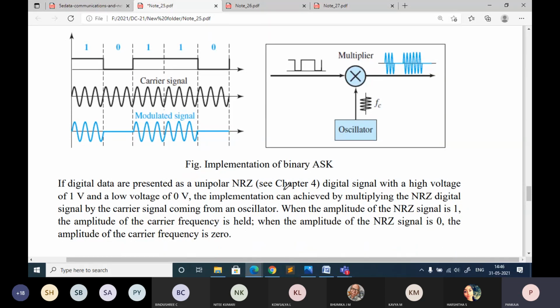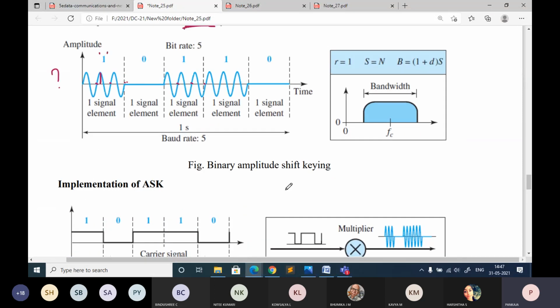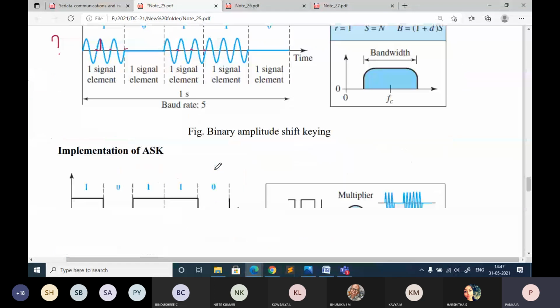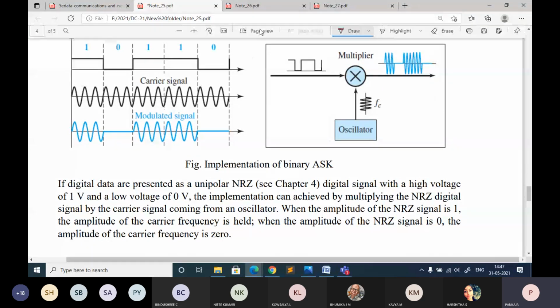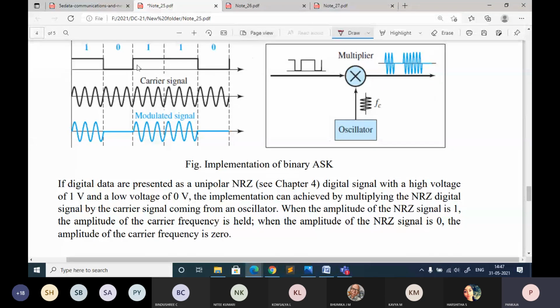Just observe carefully. This is my digital data 10110. The same example I have taken here is directly written. This diagram tells how exactly it is converted into ASK. This is a digital signal and this is a carrier signal.